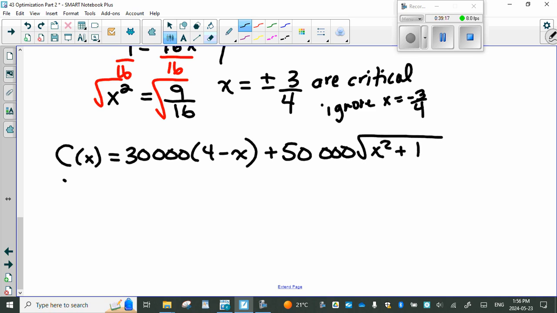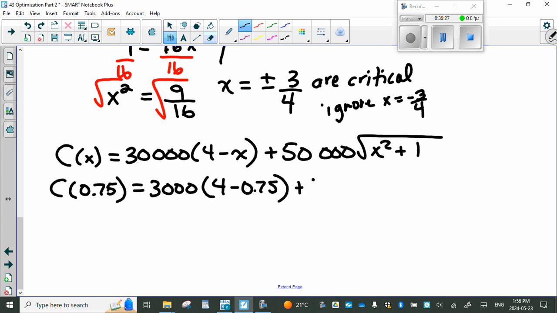And then we're going to test C at 0.75. Are we keeping it in a fraction or are we keeping it decimal? It's up to you. It's nicer to have the 3/4 in here, but we can get our answer this way.